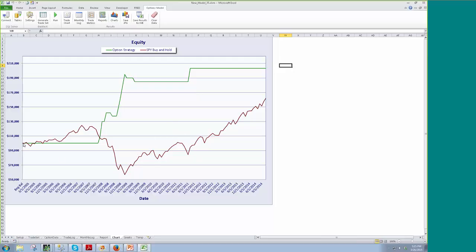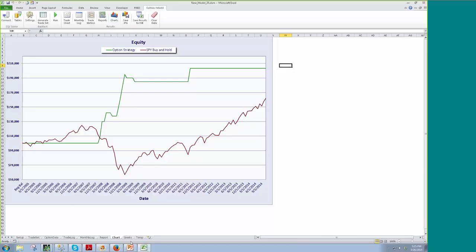If in January of 2005 you bought and held the SPY, starting with 100,000, it went up, went down, went back up. This short system alone, you were in the market roughly 10% of that 10-year period. You still beat the underlying.